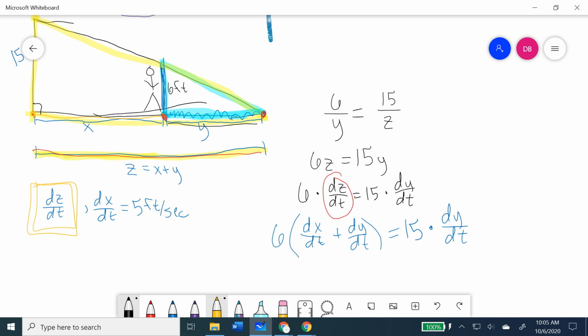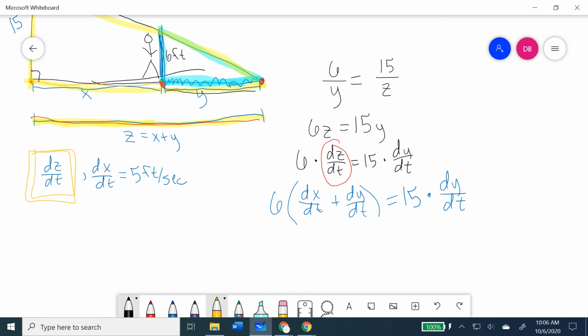That's going to tell me the speed of that point moving along. Now, dx/dt is the rate at which the person is walking, which was, I believe, 5 feet per second.